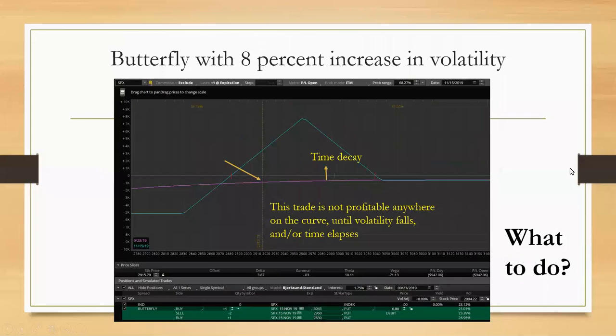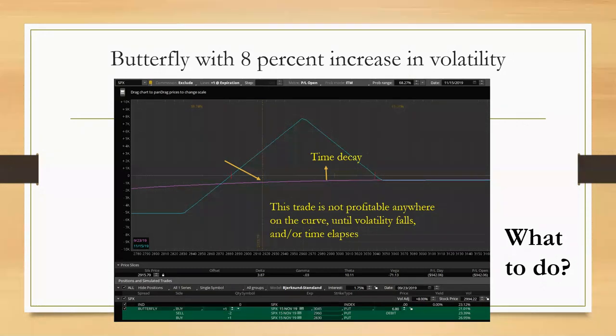So this is what happens to a butterfly with a big gap down. And this is not even a big gap. This is a little gap down. We started right in this area, and so a small gap down, and this is simulating an 8% increase in volatility, which is just a number I pulled out of the air.